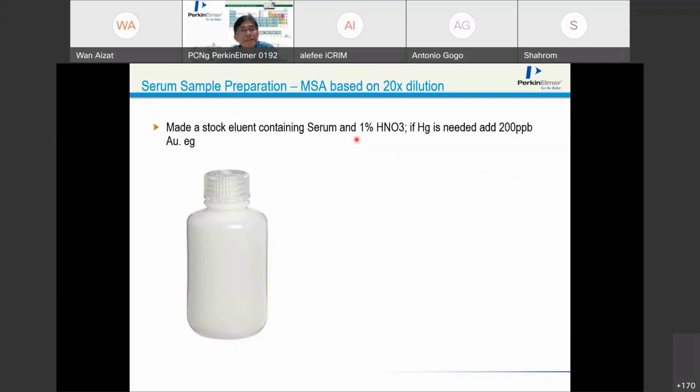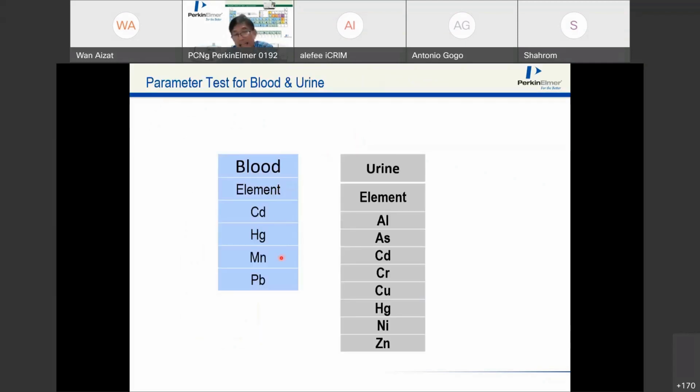These are the elements being analyzed. If you refer to the guideline, the method states the levels for smoker, non-smoker, lady, and adult. You can refer to it. Okay, so this is the biological and clinical sample.